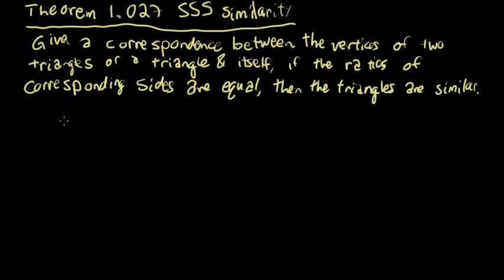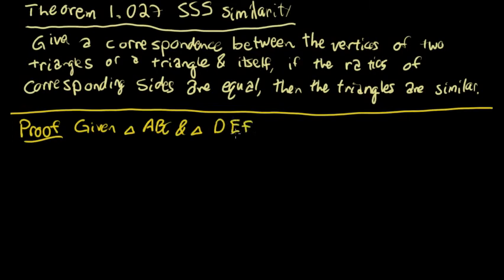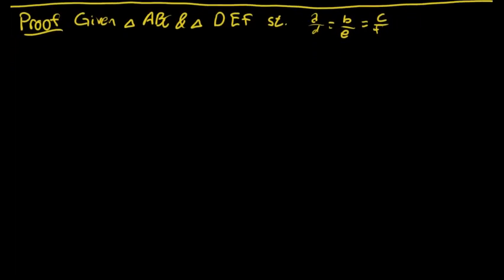And this proof's going to be a little bit longer than most of them. So for the proof, we'll say that given triangle ABC and triangle DEF, such that A over D equals B over E equals C over F. Let's go down here before we start drawing this.